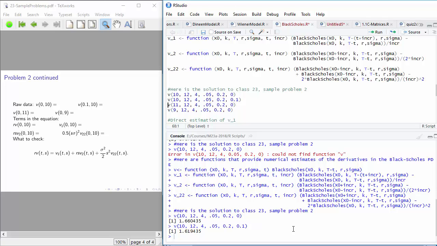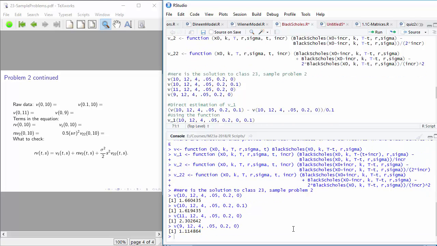It's also useful to evaluate the option at time t equals 0 for both a larger value, 11, for the underlying share, and a lower price, 9, for the underlying share.